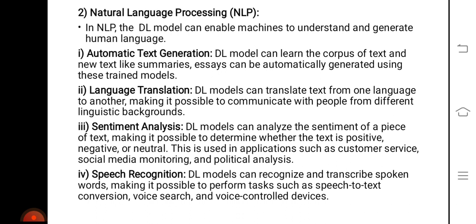It captures all the raw data and shows the behavior or character of the content, whether it is good or not. This is used in applications such as customer service, social media monitoring, and political analysis. For all of these, we use sentiment analysis.